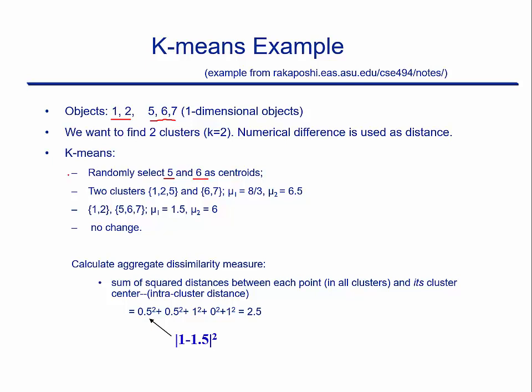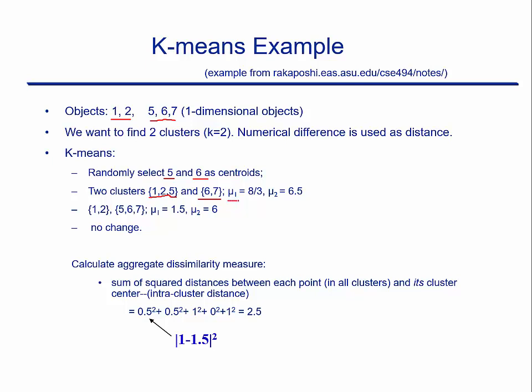Now at the first iteration, for each data point, we will find the closest centroid to the data point. Obviously 1, 2, and 5 are closer to the centroid 5, and 6 and 7 are closer to the centroid 6. So we have 2 clusters: 1, 2, 5, and 6, 7. Now using this temporary clustering, we will recalculate the centroids.